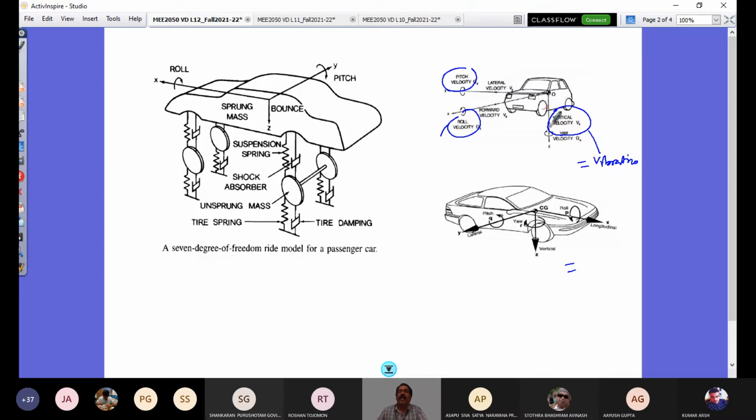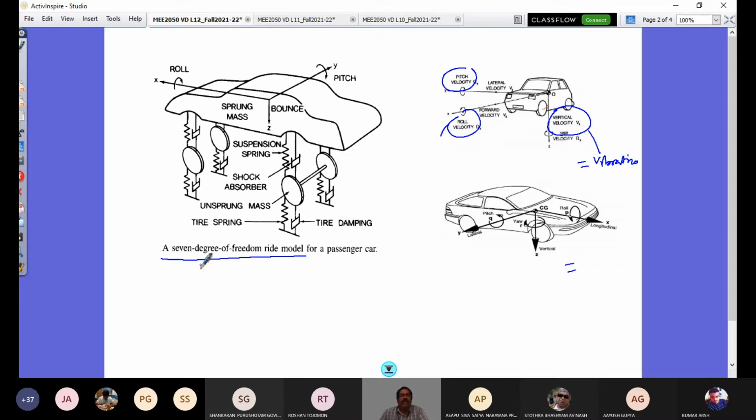To study these, I don't require infinite or even thousands of degrees of freedom. I can sufficiently use a minimum number of degrees of freedom to represent a full vehicle. And that is what is represented here on this picture by a 7-degree-of-freedom ride model.